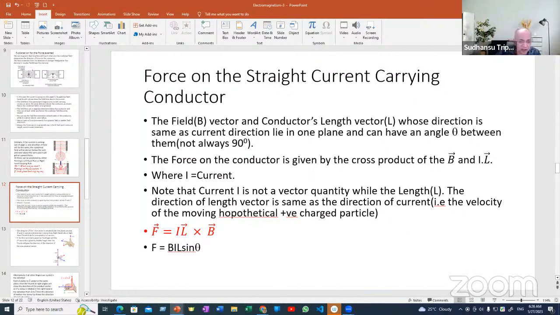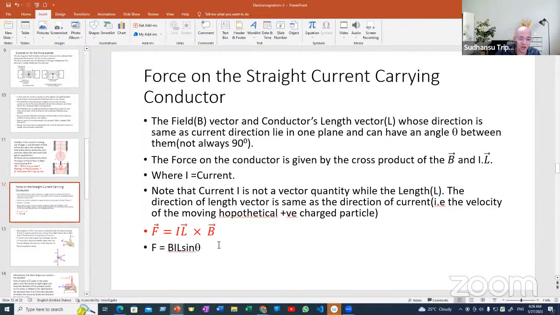As I told you, I was in a hurry yesterday, that the force can also be found out as the cross product or vector product of the IL vector. I is not a vector, but length is a vector. The length of the conductor is a vector, and the direction of the length vector is the direction of the current.